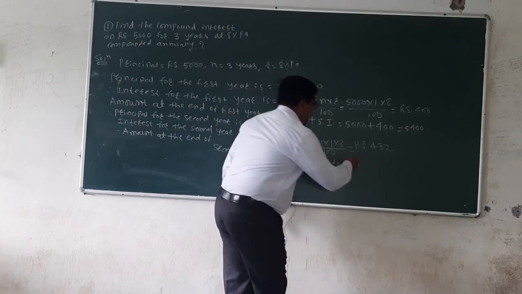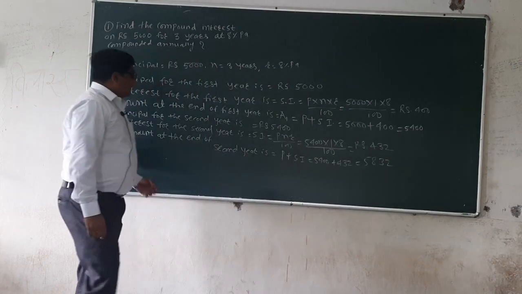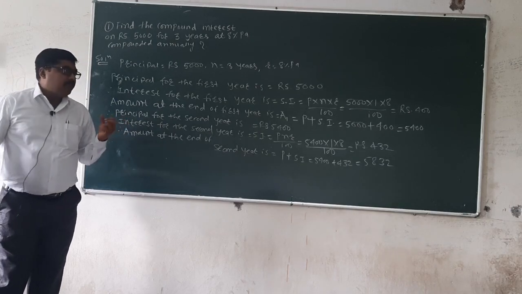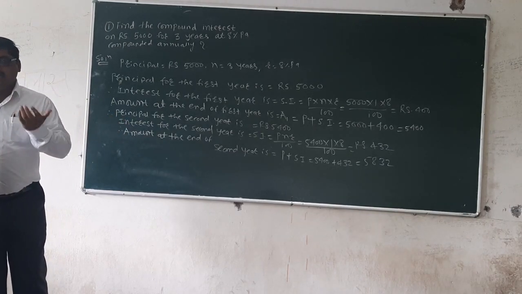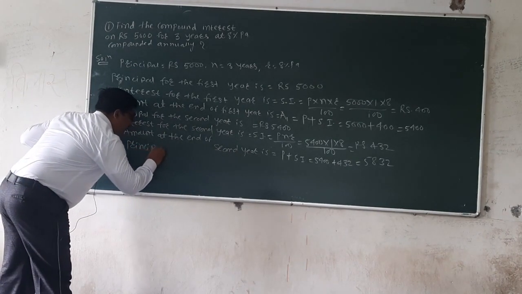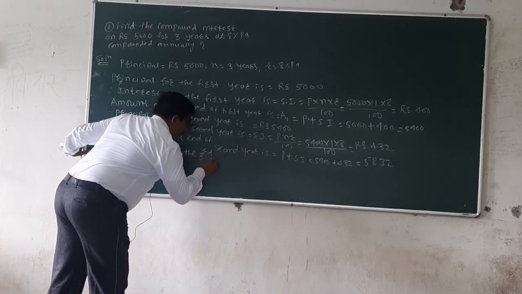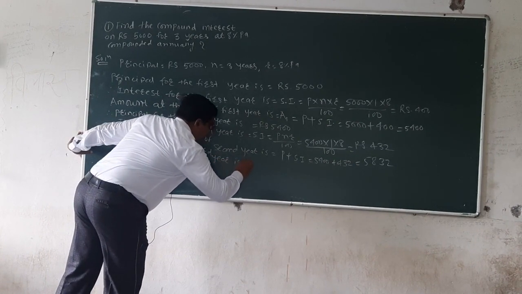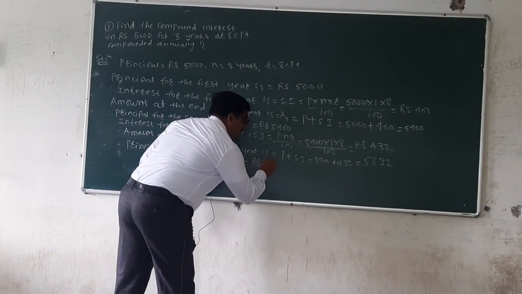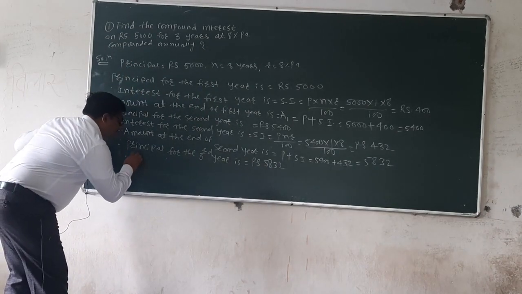So this is nothing but 5,832. Now this is the amount at the end of second year. So this amount is nothing but the principal for the third year. So therefore principal for the third year is rupees 5,832.